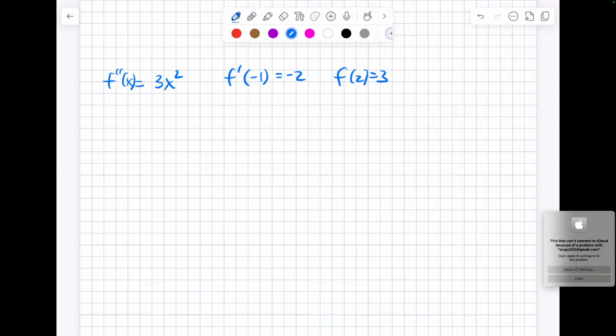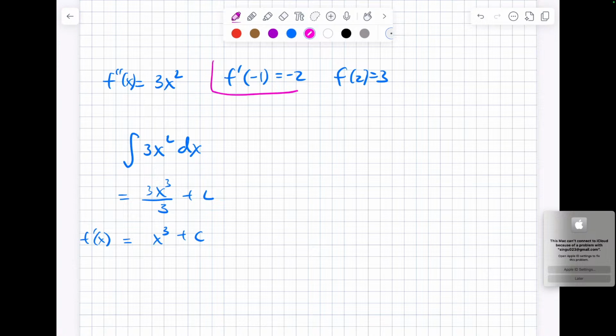So that means if I integrate 3x squared dx, which is something fairly easy, it is equal to x cubed plus c, and that's equal to f prime of x. Is that okay? Now I'm going to use the first initial condition because it is based on f prime of x.